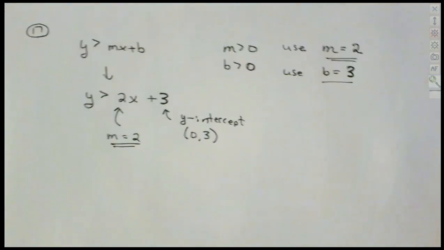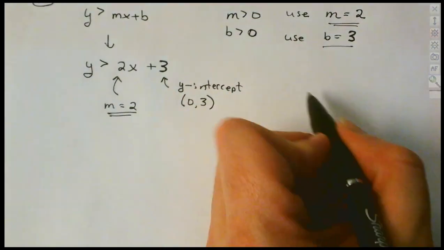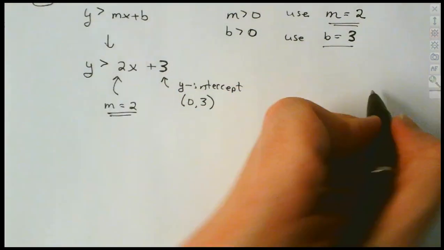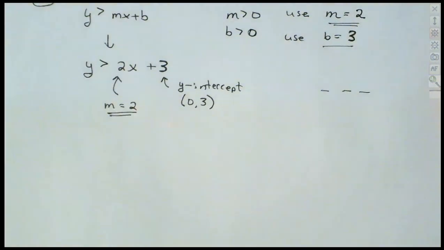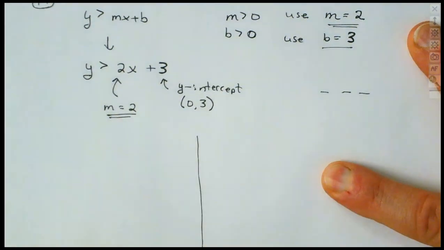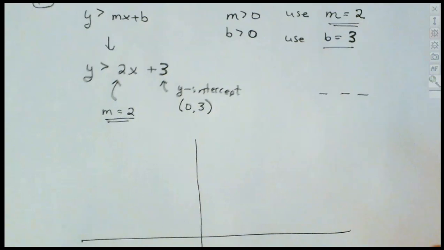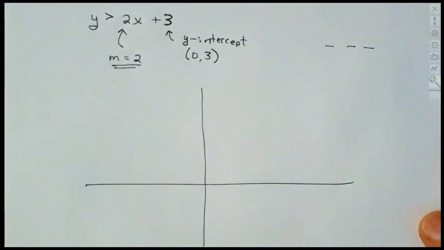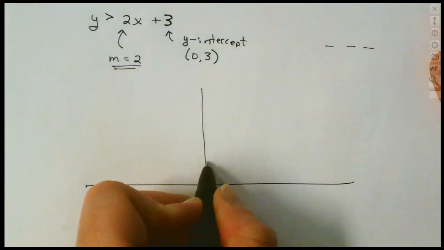So how do we graph that? Well, we know we're going to have a dotted line, right? Because this tells me right here that this is going to have a dotted line. Then we'll shade it, and then we'll answer our question. So we need a dotted line. And where do we start? We start at 0, 3. Okay, so that means it's up 3 units.